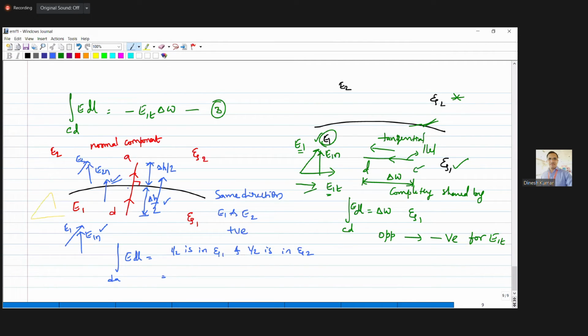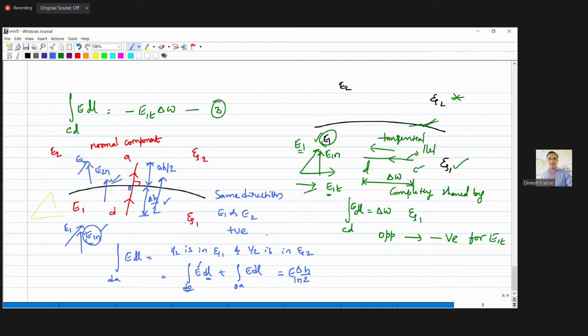If you want, you can consider this point as 0. I can write it like this: integral D to 0 of E dl plus integral 0 to A of E dl. The first is the integral of dl, whose value is delta H by 2, and the E component is E1n. So E1n delta H by 2.